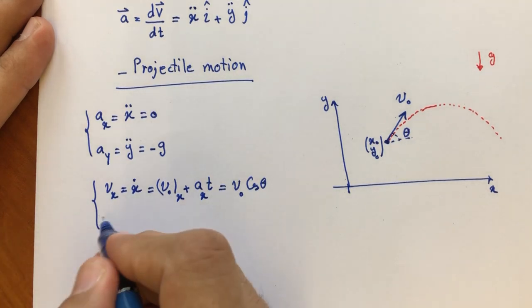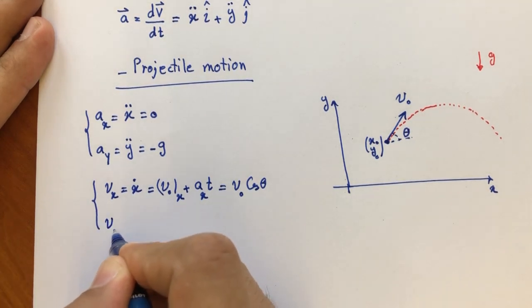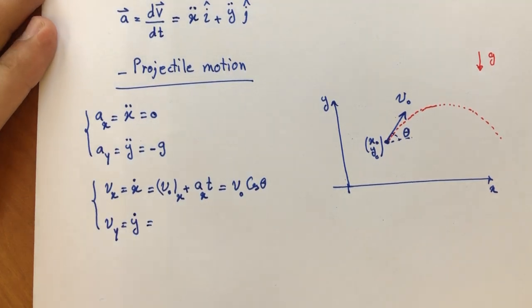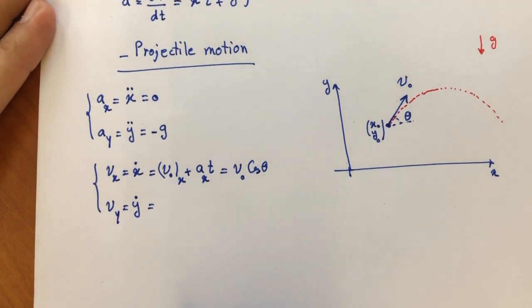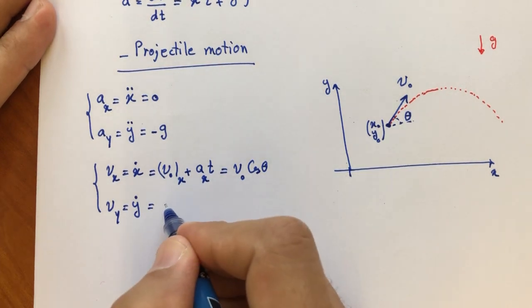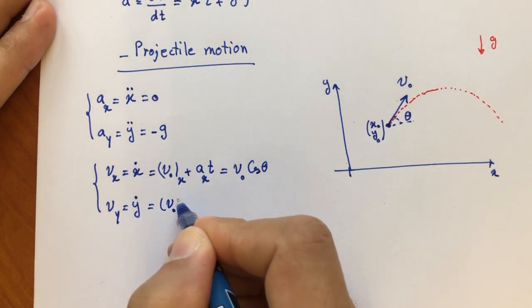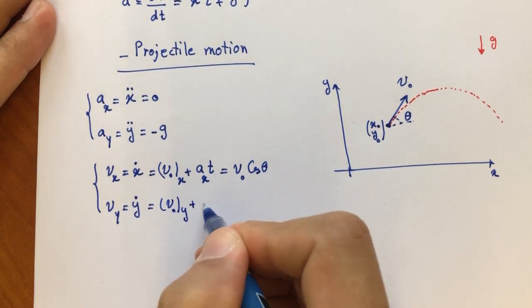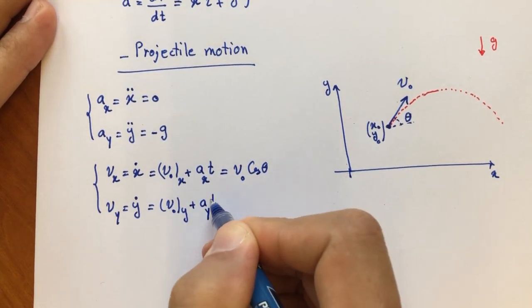And we can do the same thing for the y direction. Vy, or y dot, is going to be equal to, based on the equations that we had in the previous section, initial velocity in the y direction plus acceleration in the y direction times t.